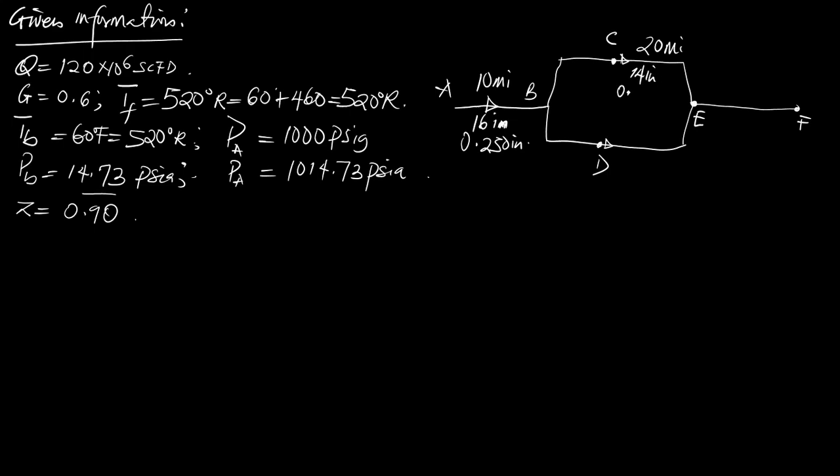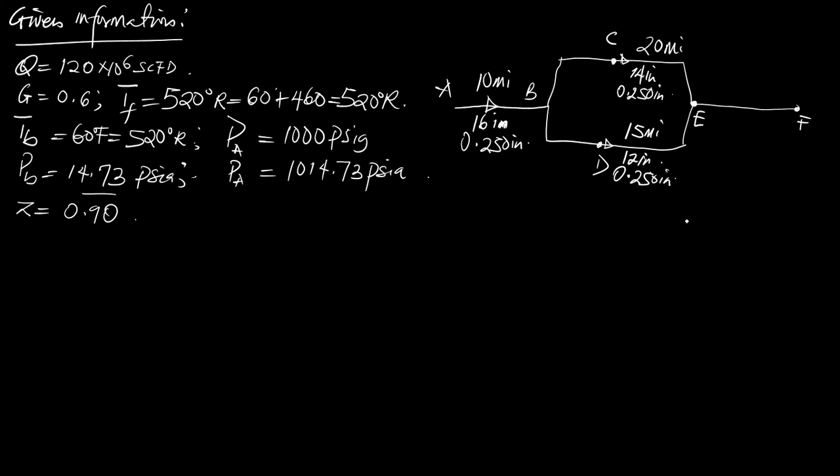Pipe thickness of 0.250 inches. Now, the one of BDE is 15 miles, and a nominal pipe size of 12 inches, and wall thickness of 0.250 inches.